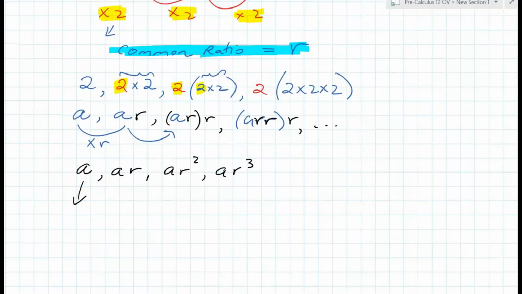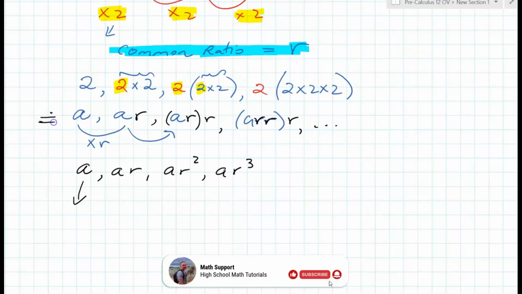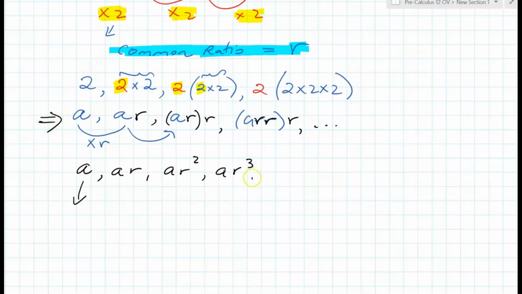So here is the compact form of this sequence that we just created. We want to find the general term t sub n.